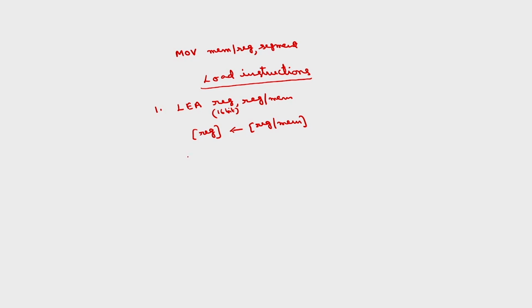For example, if I write LEA BX comma DX say. So, simply BX will be loaded with the contents of DX.